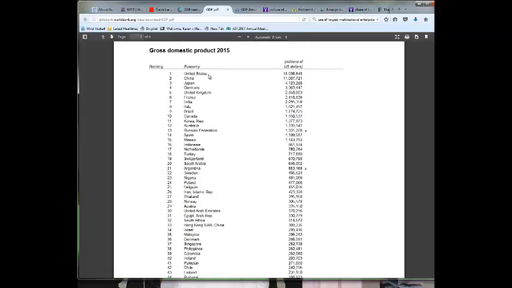You'll note that the United States still has the largest gross domestic product because they have 18 million dollars. Get that? 18 million dollars, followed by China. And then you'll see some like 4, 5, 6.